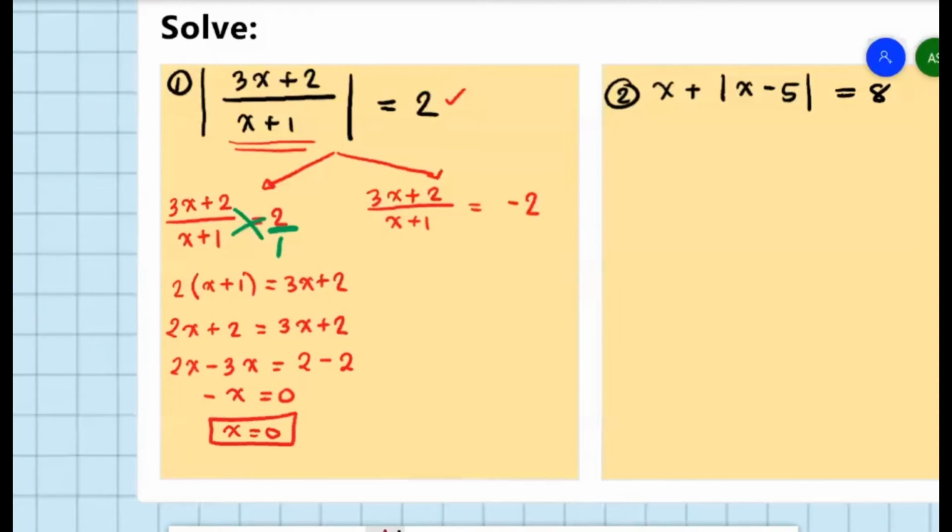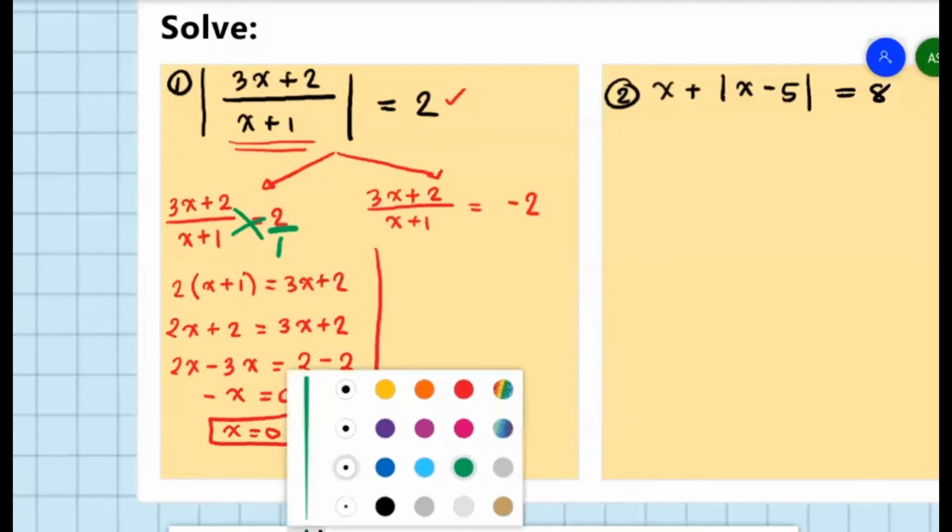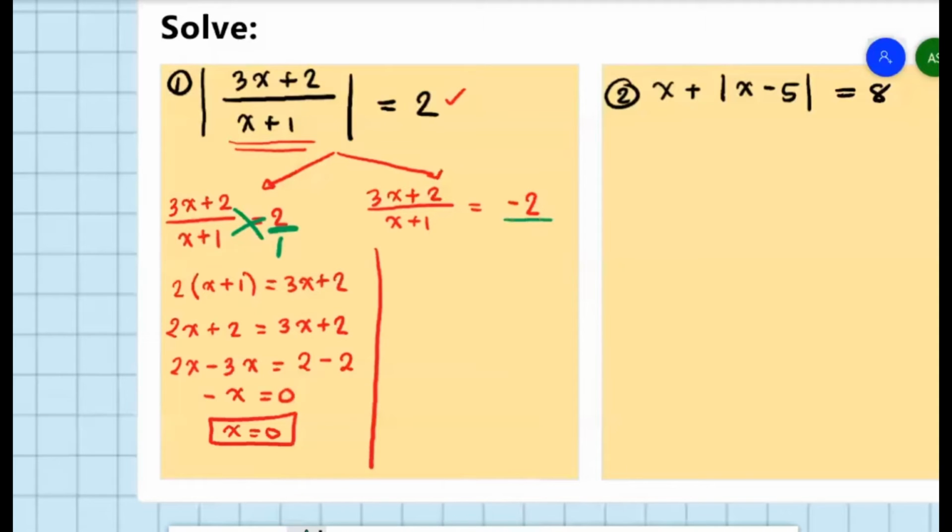Second solution. This one is, of course, we cross multiply again. So this is all over negative 1, and then we can cross multiply. That will give us 3x plus 2 is equal to negative 2 times x plus 1. So this will give you 3x plus 2 is equal to negative 2x, distributing the minus 2, so that will give you negative 2.